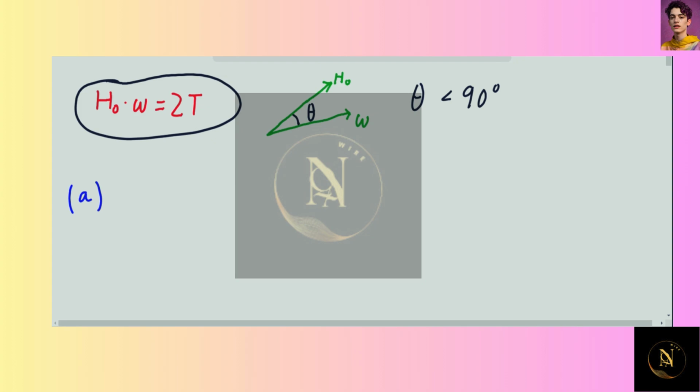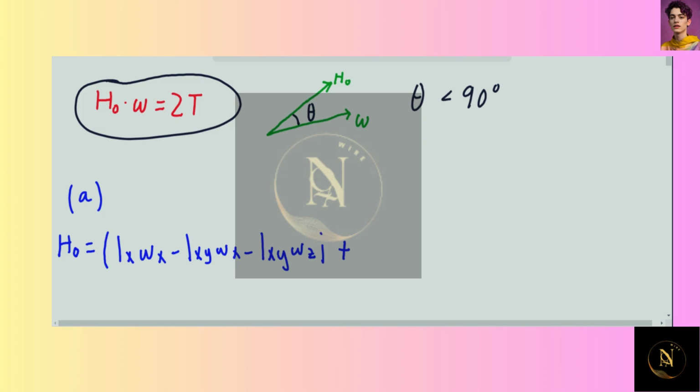So we'll start by writing the equation for the angular momentum about some fixed point O. So we have the I component.